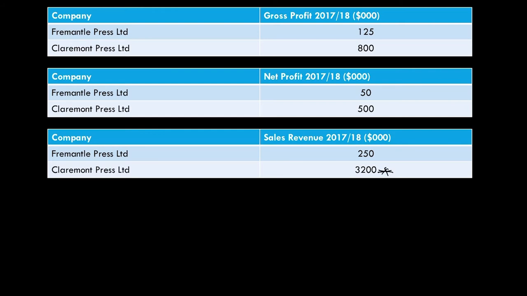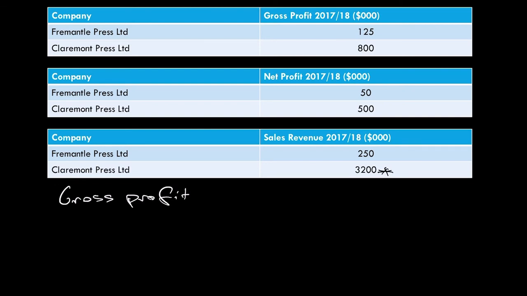So what we can do is look at the proportion of profit made for every $1 of sales earned. In other words, by converting the data into a ratio. And it's very simple what we're going to do. In terms of gross profit, we're going to actually take our overall gross profits.